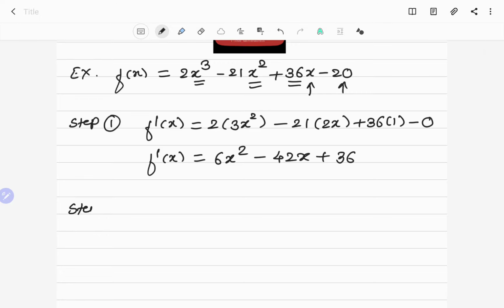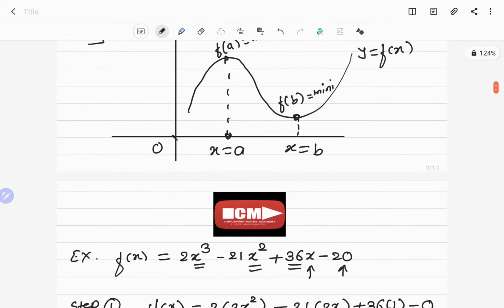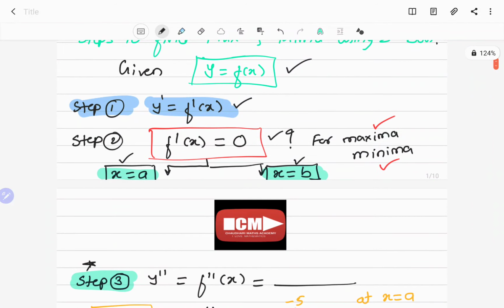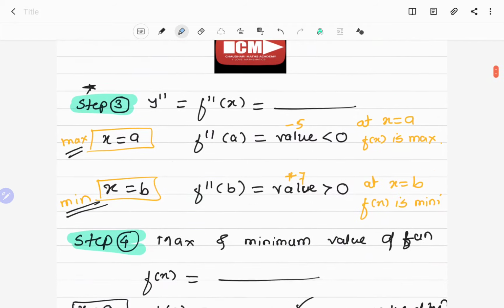The next thing is step number 2. Step number 2 of maxima minima is all about equating this first derivative equal to 0 to obtain the maxima minima points.